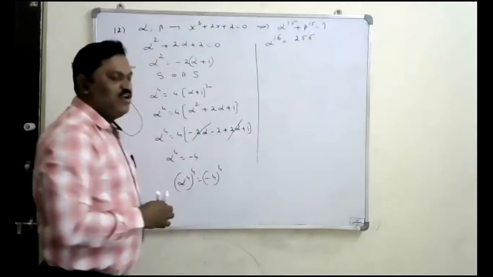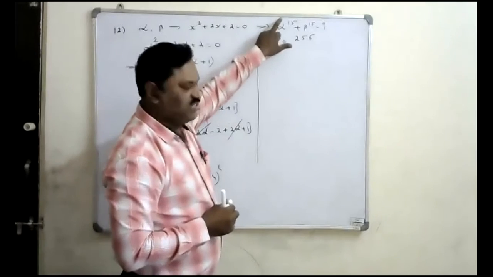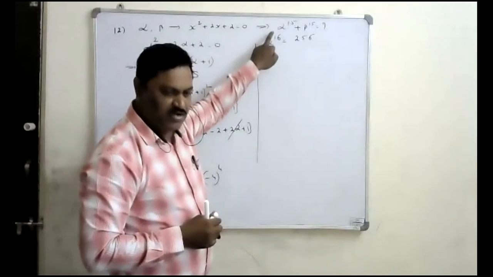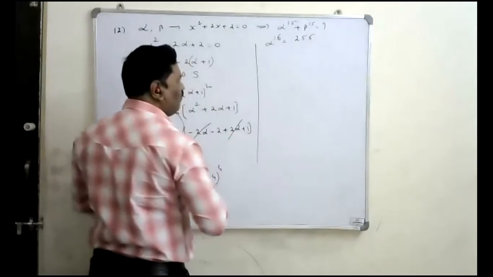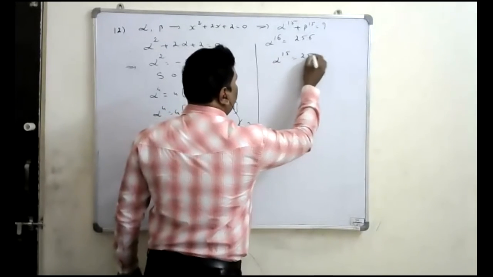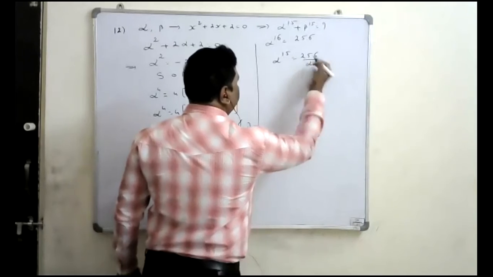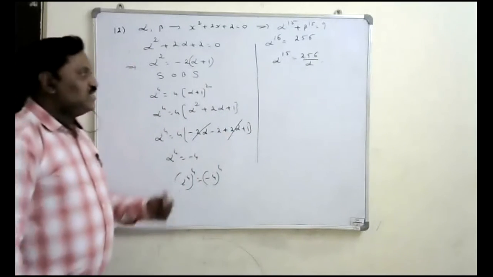This is the value of alpha power 16. But here we want alpha power 15. That's why, dividing both sides by alpha, we get alpha power 15 is equal to 256 by alpha.